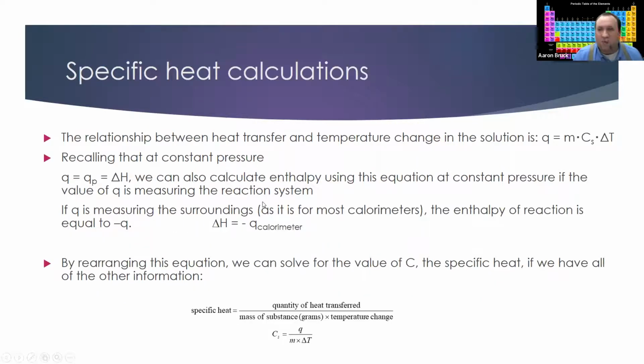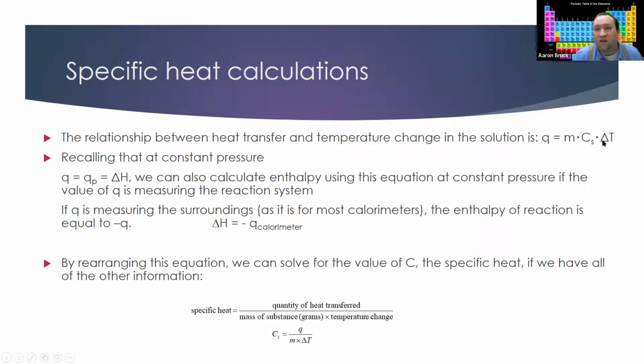As I just mentioned, there is a relationship between heat transfer and temperature change using mass and specific heat. The equation is: Q, the heat, is equal to m, the mass, times c_s, the specific heat of the substance, times ΔT, the change in temperature.